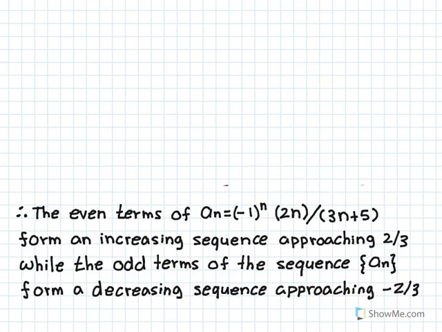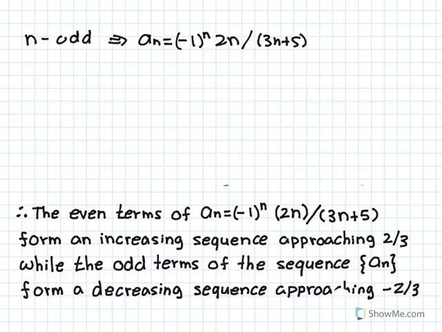Now, let's look at n odd. When n is odd, a_n is equal to minus 1 to the power of n times 2n divided by 3n plus 5. Now, when n is odd, negative 1 to the power of an odd integer gives us minus 1. So a_n is going to be minus 2n divided by 3n plus 5.